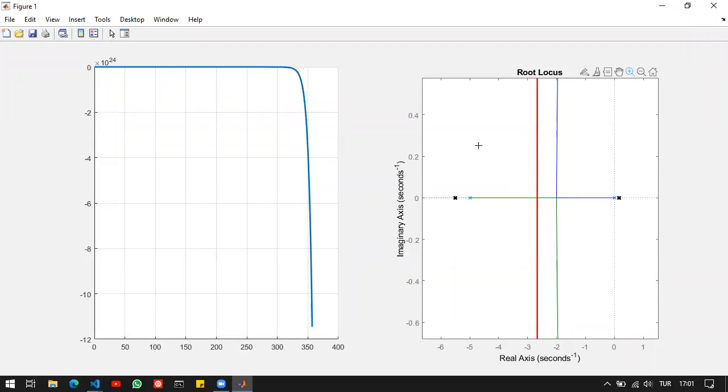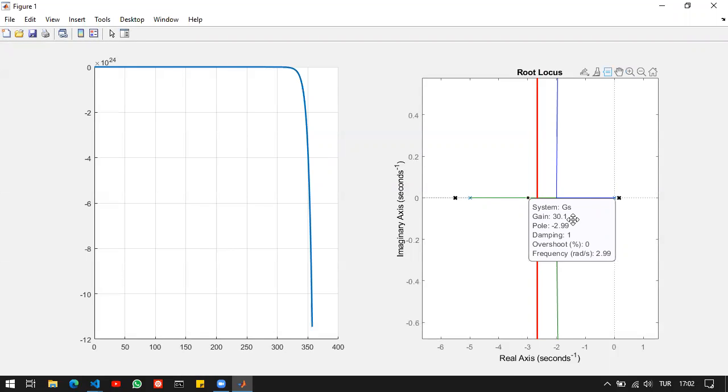Now, for the positive root locus, I can see that only one pole can be on this settling time line, namely the green one here. So, for example, if I click on this, the numerical problem here is I cannot click exactly here, but let's assume that this is almost there.